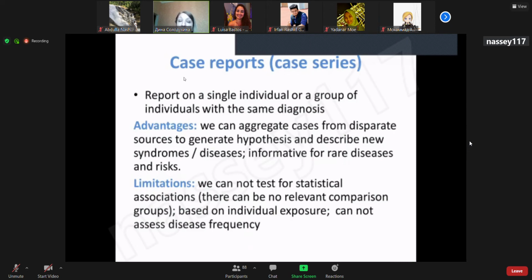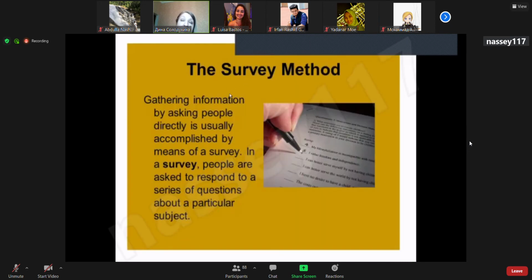Another method we generally call survey methods, but survey methods are used in any epidemiological study. So I just have to say a few words: surveys are used to ask people for information which we don't find in a medical record.